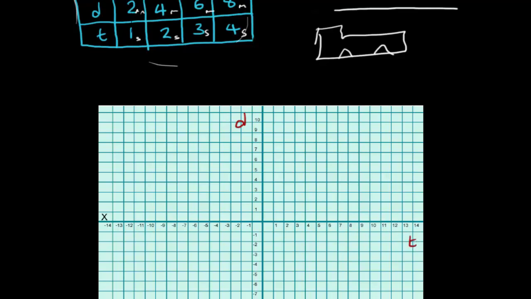For the distance, 2 corresponds to 1, so we have this point here. 4 corresponds to 2, so we have this point here. 6 corresponds to 3, so we have this point here. Then 8 corresponds to 4, so we have this point here. Now you can see that this is a straight line. Do you understand what I mean? A straight line does not just come from nowhere. We are plotting something against something.